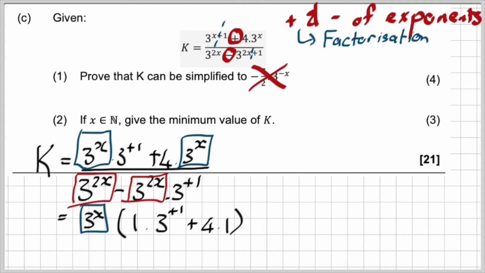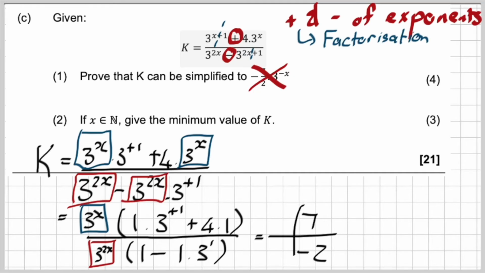I'm going to use a red block. So in the denominator, I'm taking out the red block common. And wherever there's a red block, I put a 1 where I take it out common. So what does the red block represent? 3 to the 2x. Now let's simplify those brackets, okay?